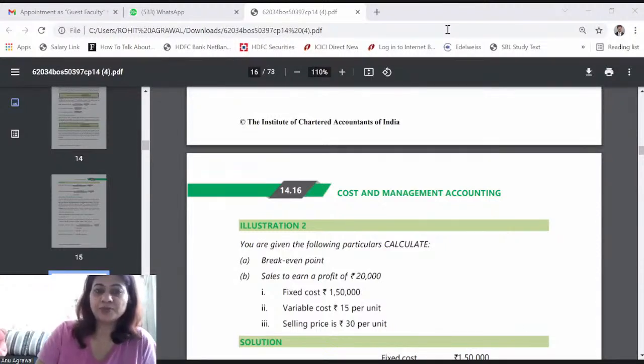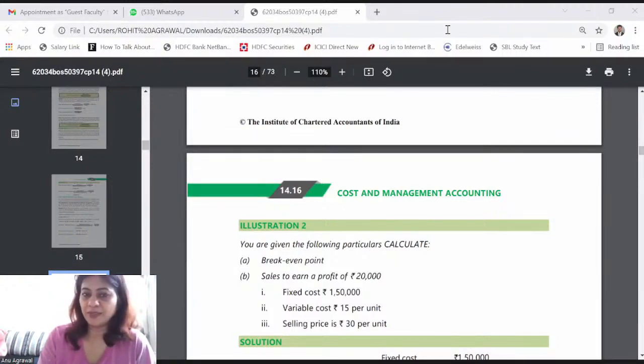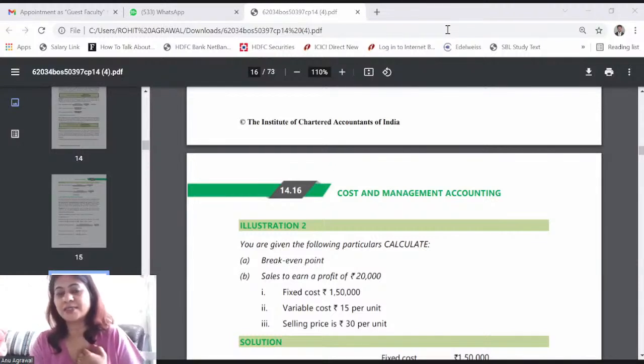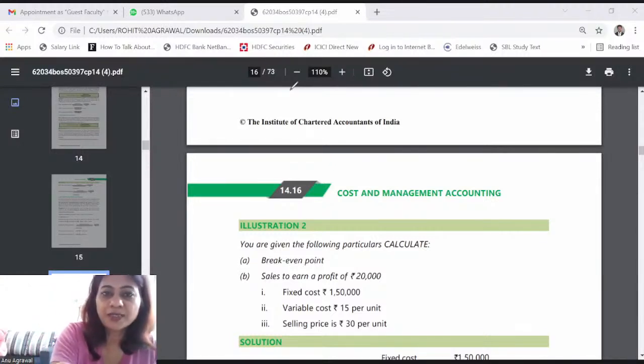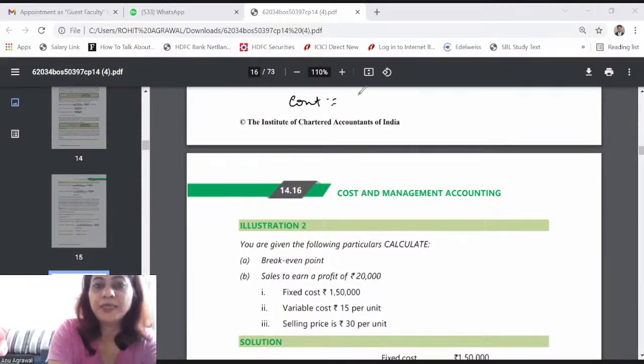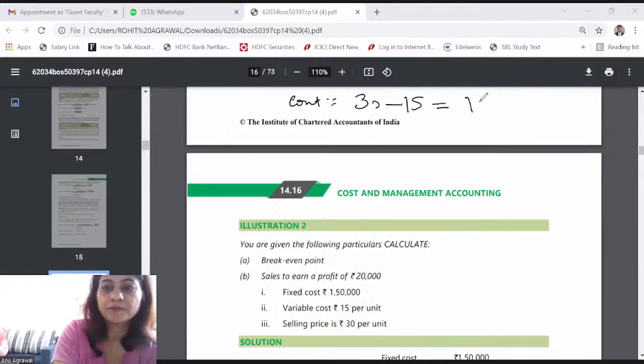They say we are supposed to calculate a break-even point and we need to find out sales to earn a profit of 20,000. They have given us some information. Fixed cost is 1,50,000, variable cost is 15, and selling price is 30. So first is, can I find out my contribution? Contribution would be 15. Yes. So can I find out my break-even point?